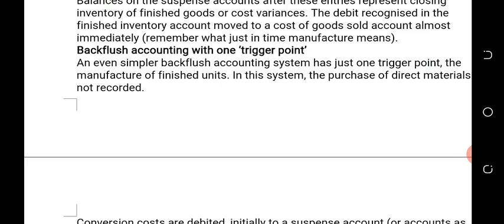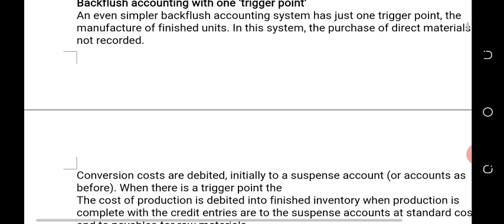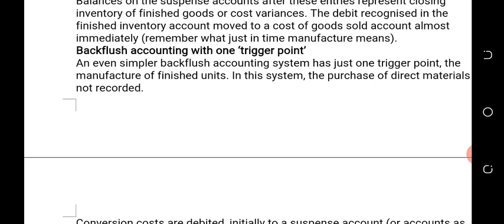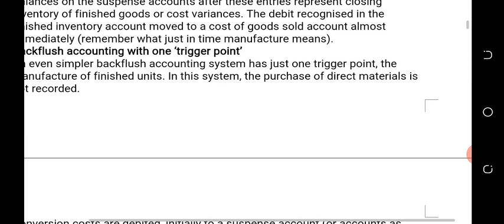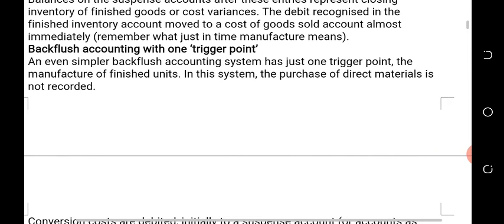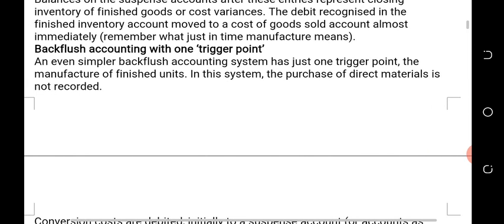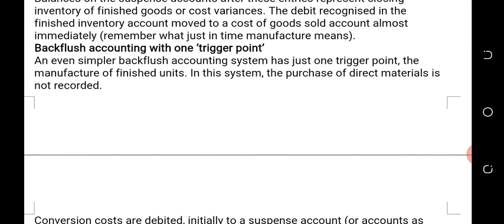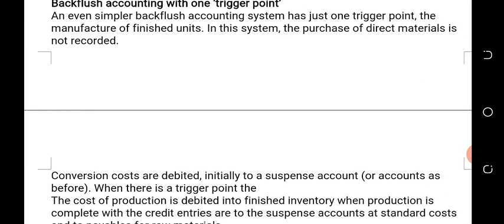Now, Backflush accounting with one trigger point. An even simpler Backflush accounting system has just one trigger point: the manufacture of finished units. In this system, the purchase of direct material is not recorded.